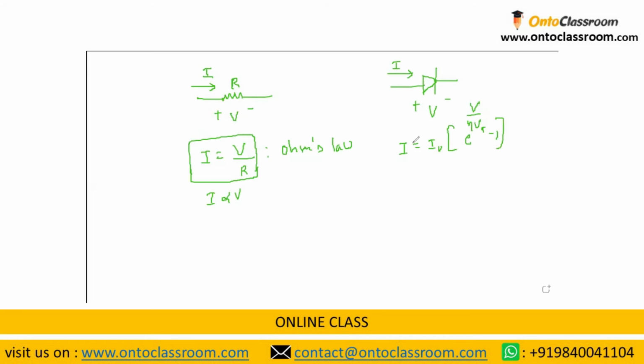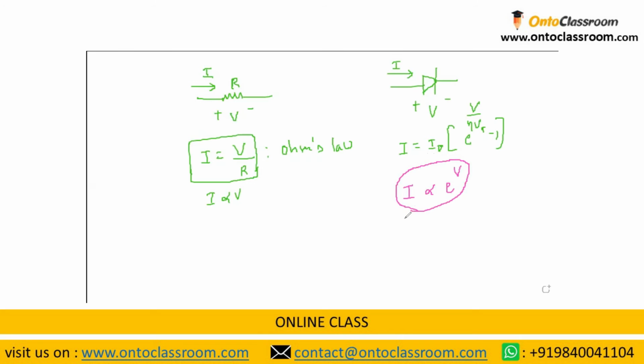And I was confidently saying that I and V in a diode are related exponentially, in the sense that I can relate this I as proportional to e power V. So this is the kind of expression we are getting in a diode.